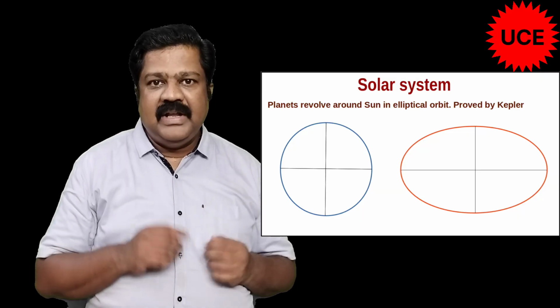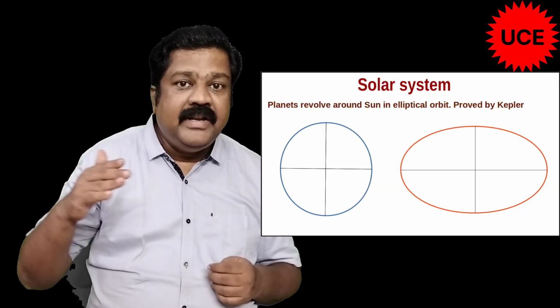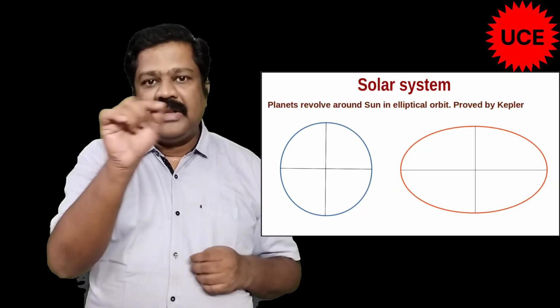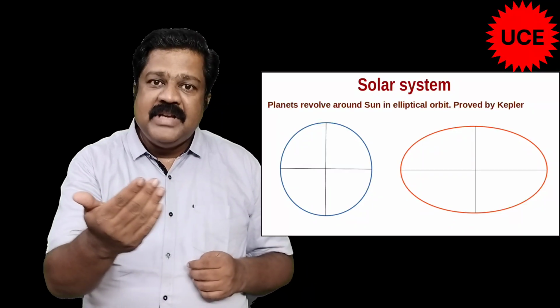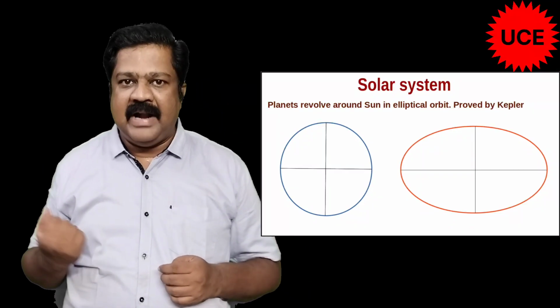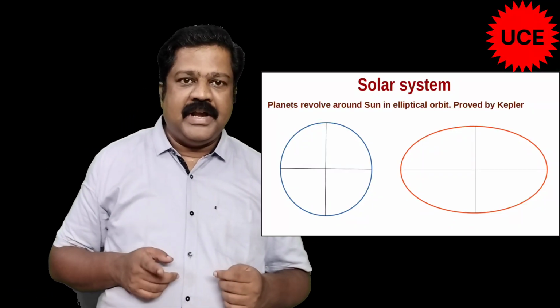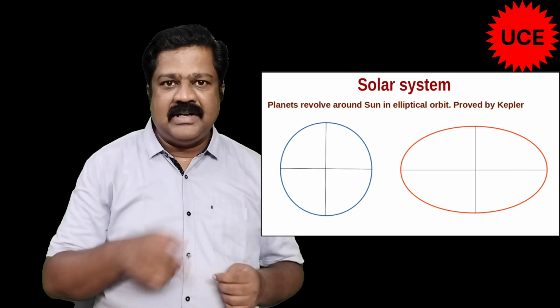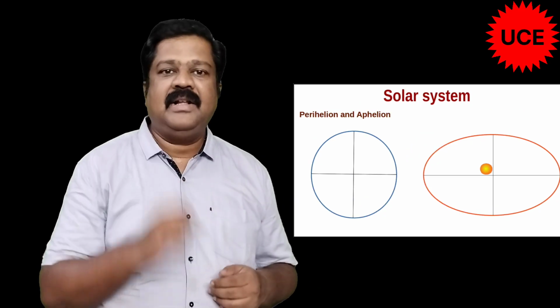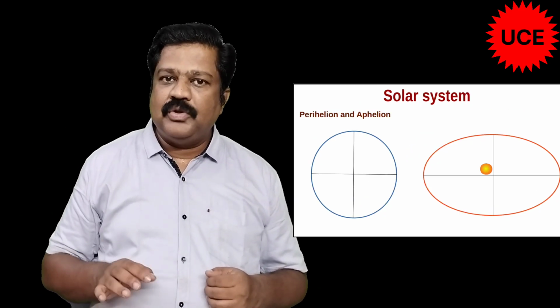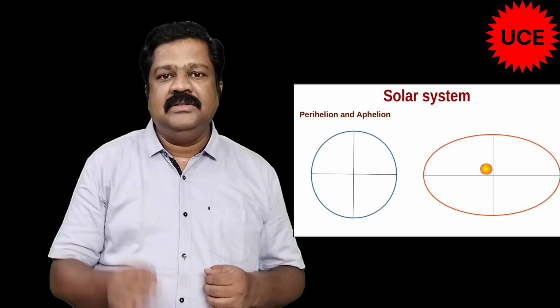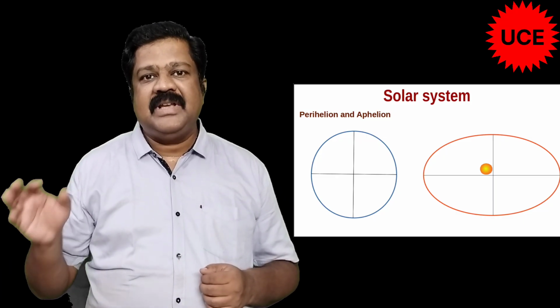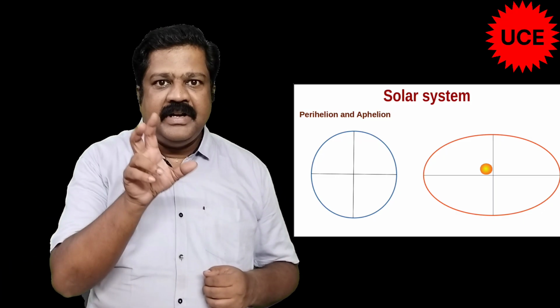But in the case of an ellipse, sometimes the object is very close to the Sun or that center, and sometimes the object is very much away from it. So if the object is very close to the center, suppose the center is the Sun, then we call that position the perihelion position. Peri means in vicinity. Vicinity means what?